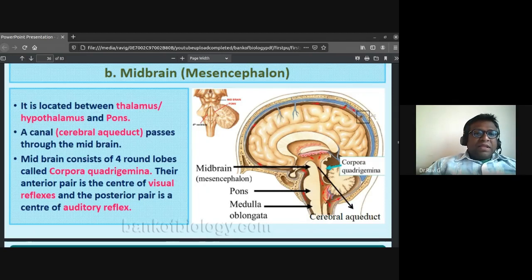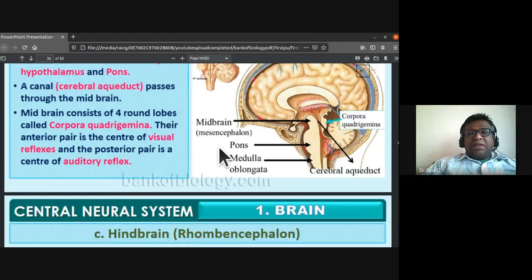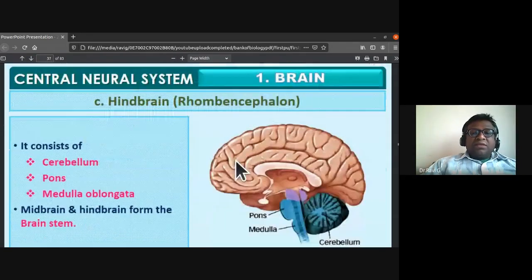Okay, the next thing we will discuss is the hindbrain or rhombencephalon. What does the hindbrain consist of? It consists of the cerebellum, pons, and medulla oblongata.